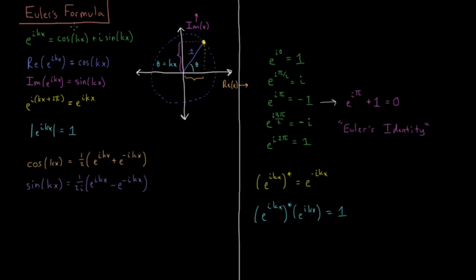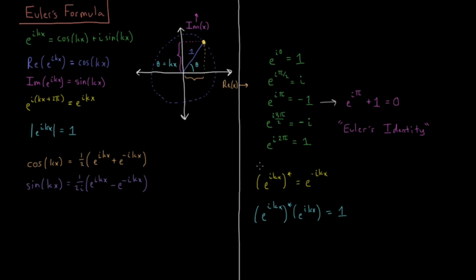The imaginary part of a complex number is itself minus its complex conjugate over 2i. So sine of kx equals 1 over 2i, times e to the ikx minus e to the minus ikx. So in that sense, you could imagine all exponentials of e as a special case of e to the ikx, and you could imagine sine and cosine as special cases of the complex exponential.